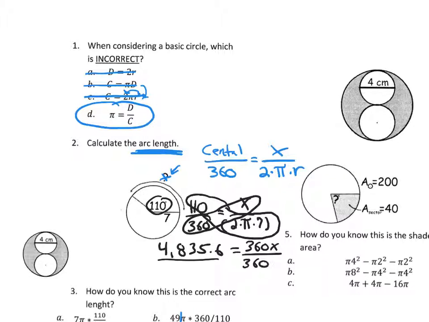We're then going to divide by 360. 360 divided by 4,835.6 gives us 13.43. All right, we circle it.